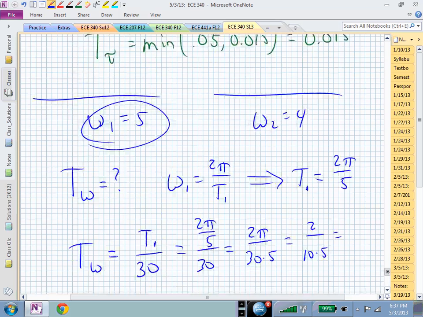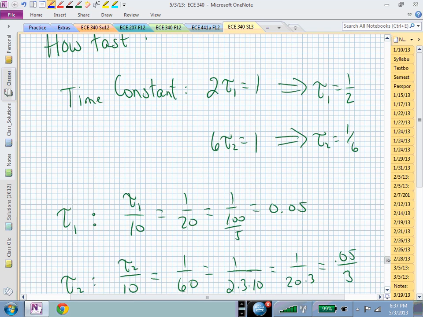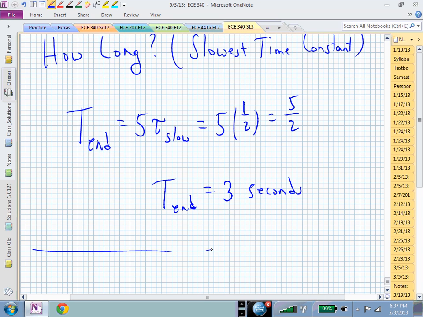I had 1/2 and 1/6. So I take the longest one, or the slowest one. So I'm now simulating for 2.5 seconds, or I might just round that up to 3. Questions on simulation or simulating?